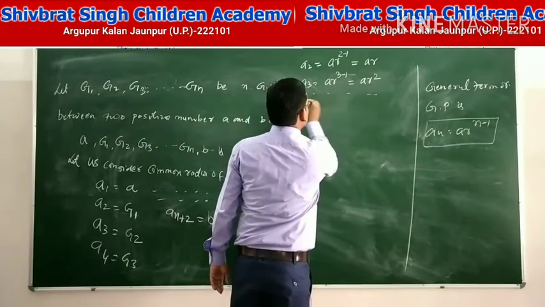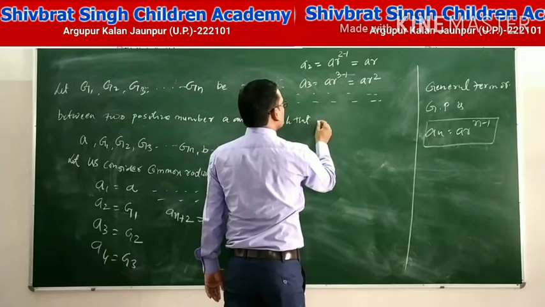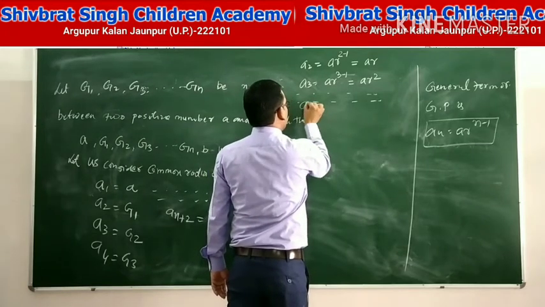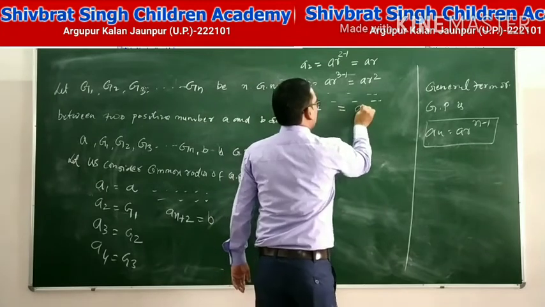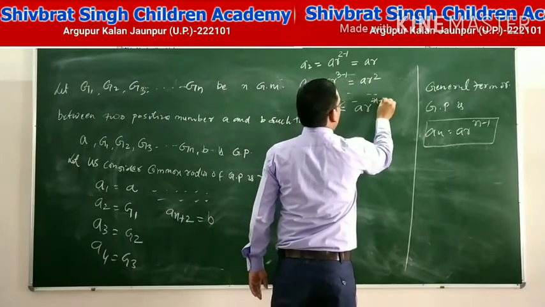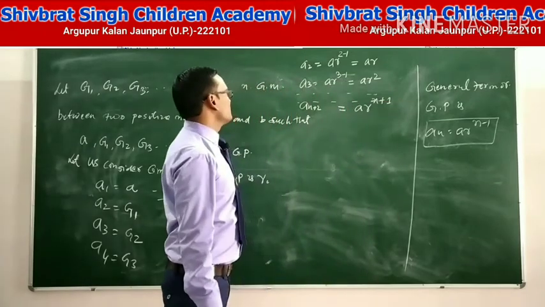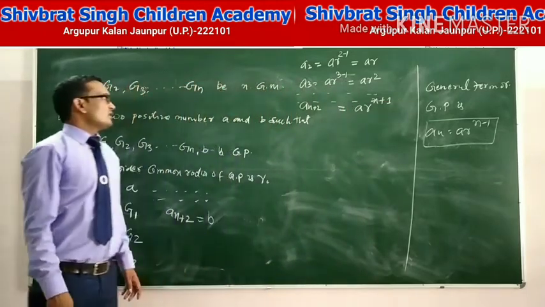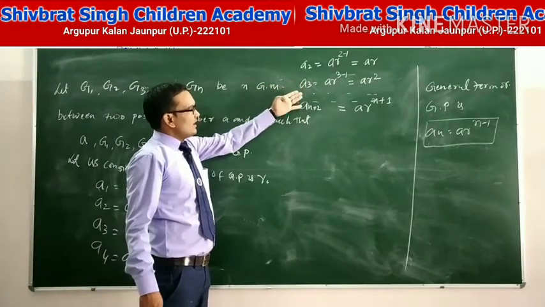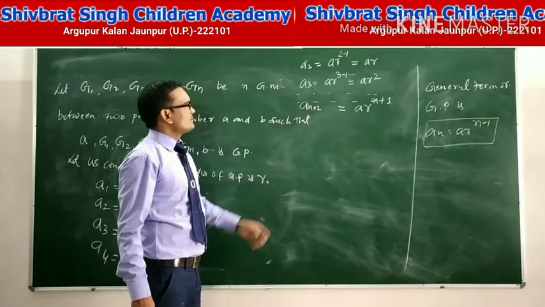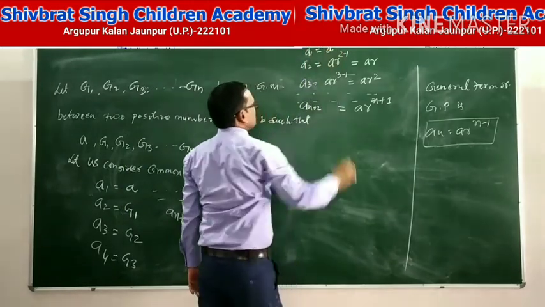Similarly, we find a(n+2) equal to a r to the power n plus 1. Then we put the values of a2, a3, a4, and so on, and the value of a1 equal to a.